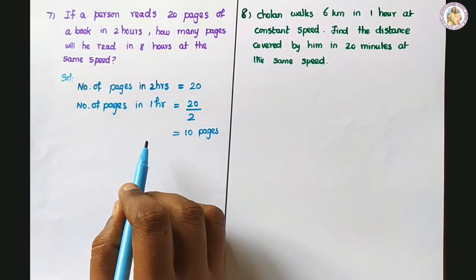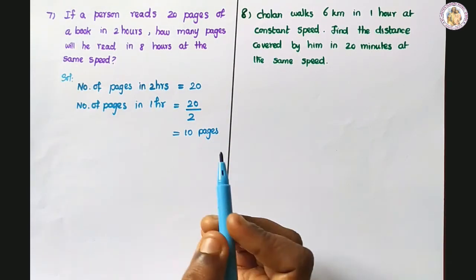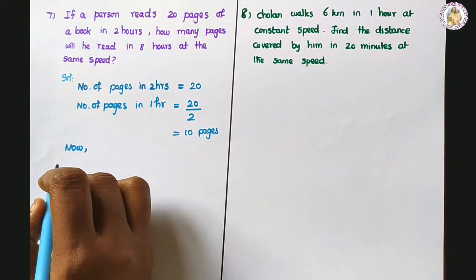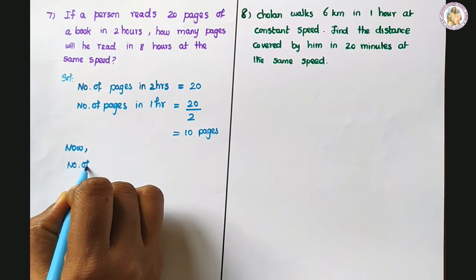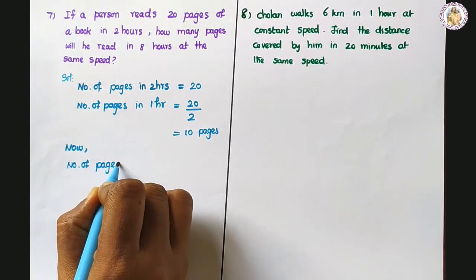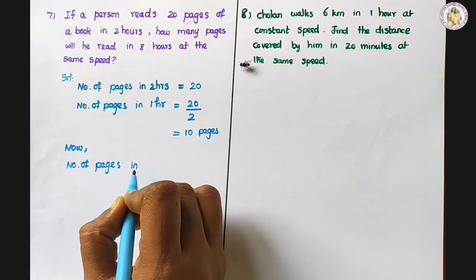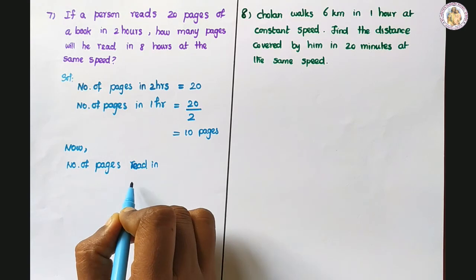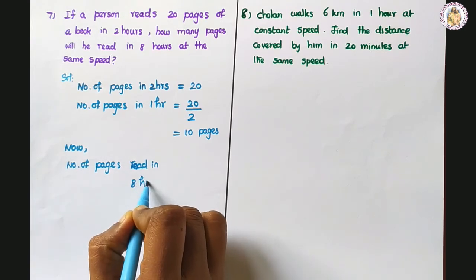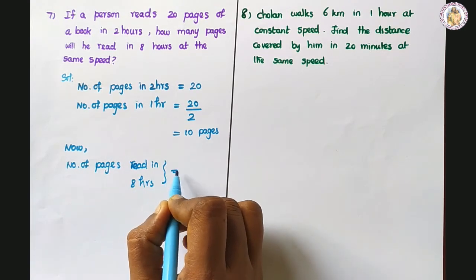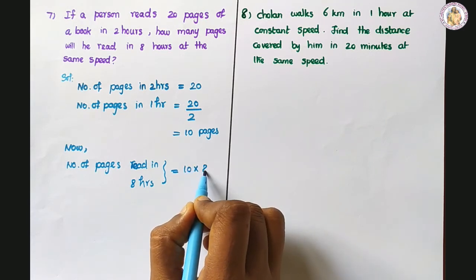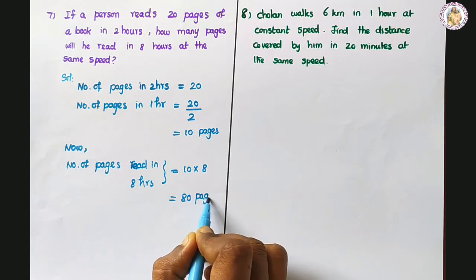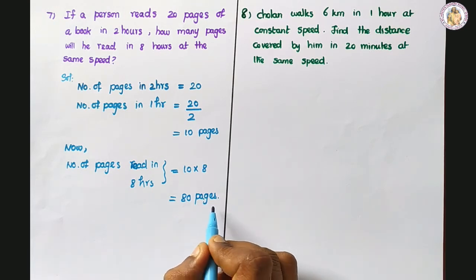In 1 hour he can read 10 pages, means now in 8 hours, number of pages read in 8 hours means 10 into 8, that is equal to 80 pages. That is the answer.